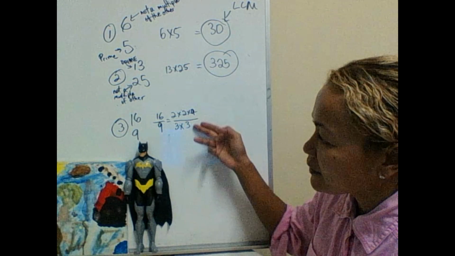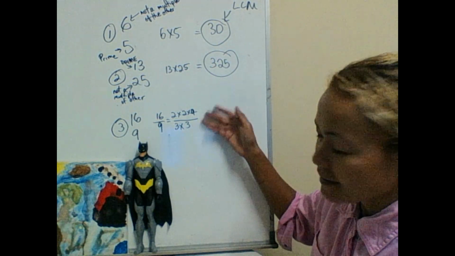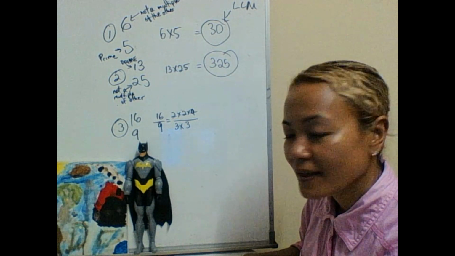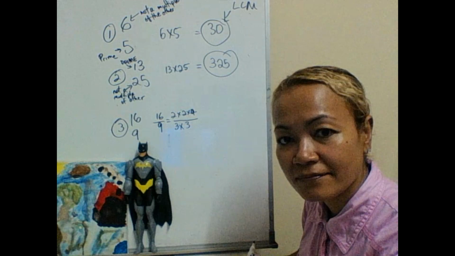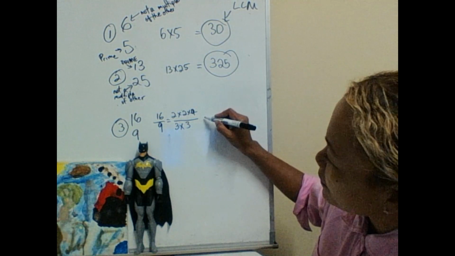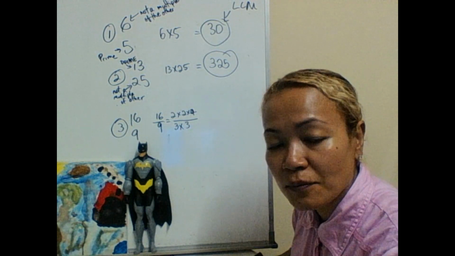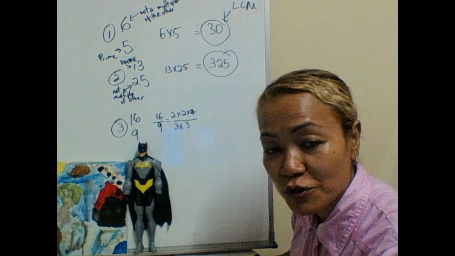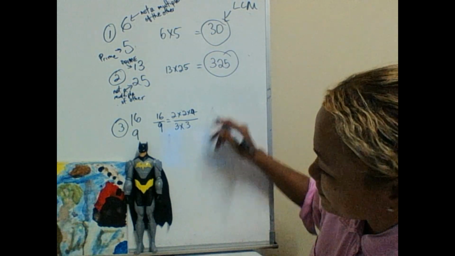Can you see any way to simplify that? It seems we can't simplify these any further. So what does that mean? That really appears to be the simplest form of that fraction, which means that you multiply the two.